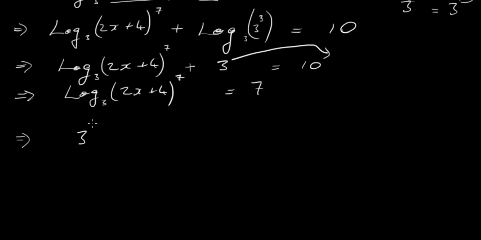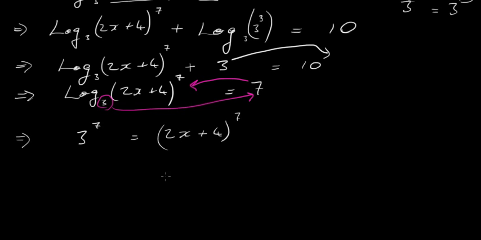So in other words, 3 to the power of 7 gives me 2x plus 4 to the power of 7.